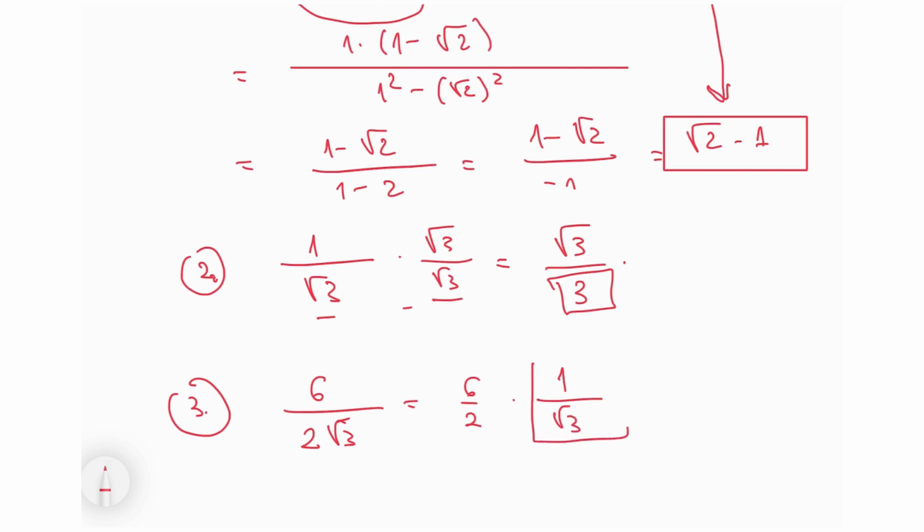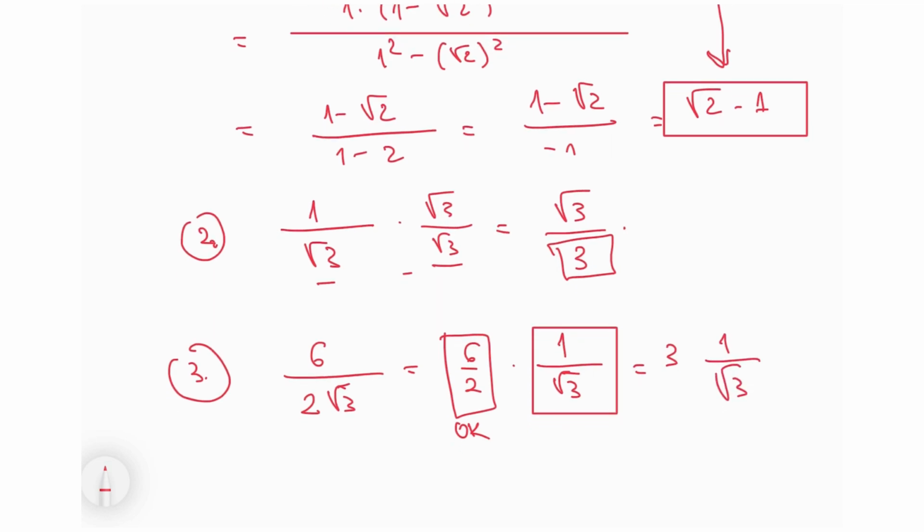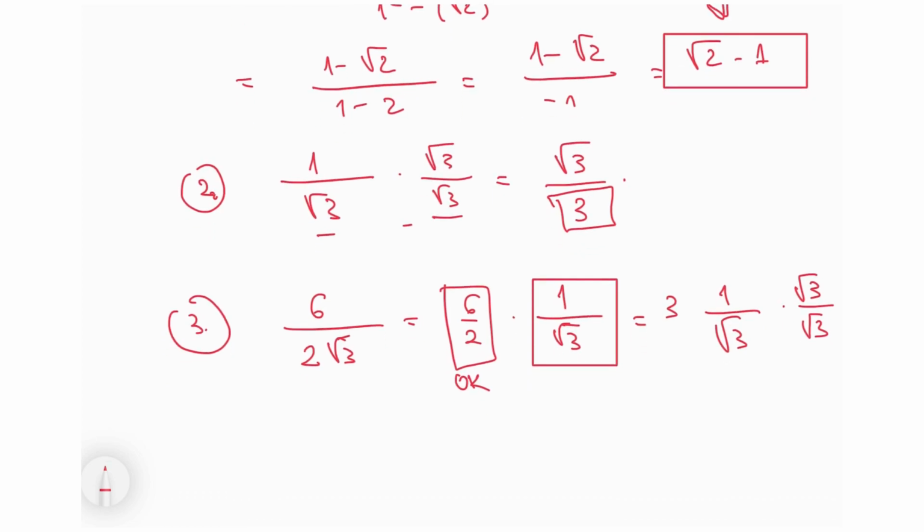And now this is where we have the radical in the denominator. This is okay, so this we don't need. 6 over 2 is basically 3. So that is 3 times 1 over square root 3. And now we multiply by square root 3 over square root 3. So we have 3 square root 3 over 3, which is just square root 3.